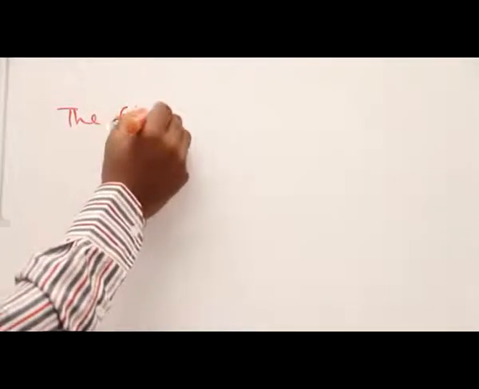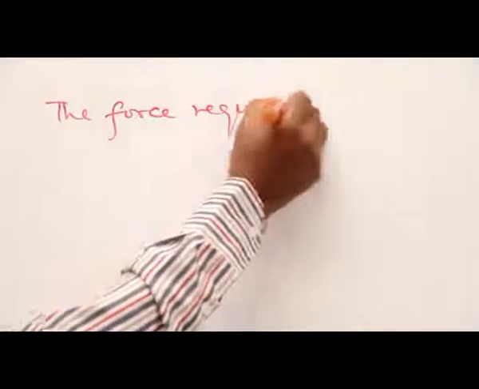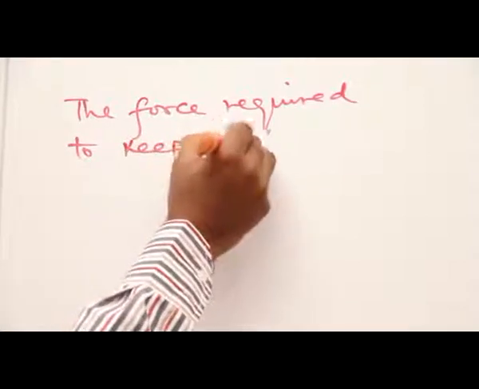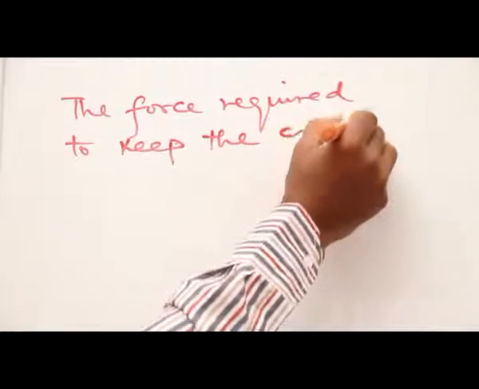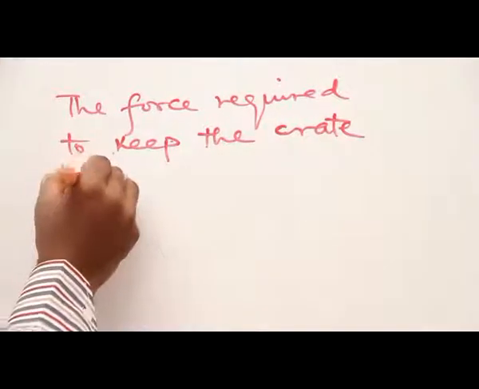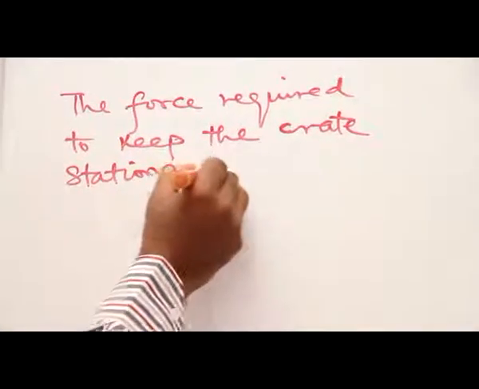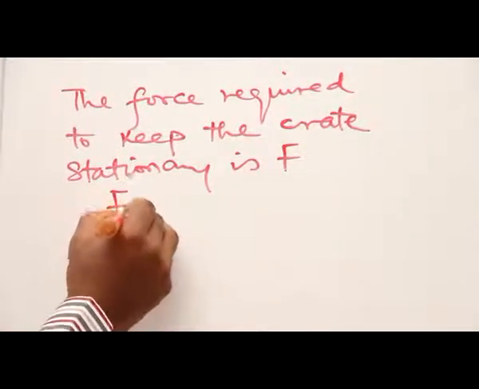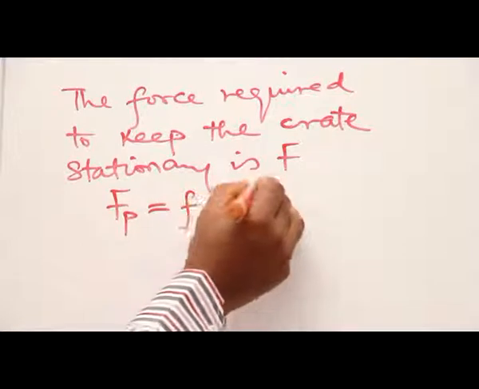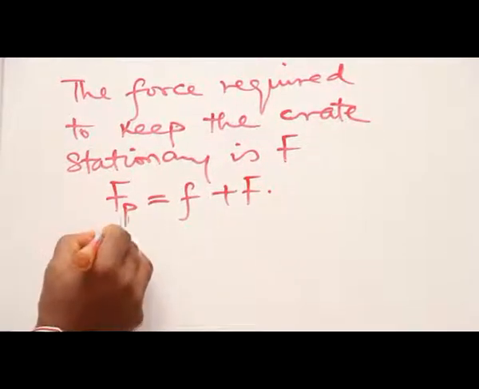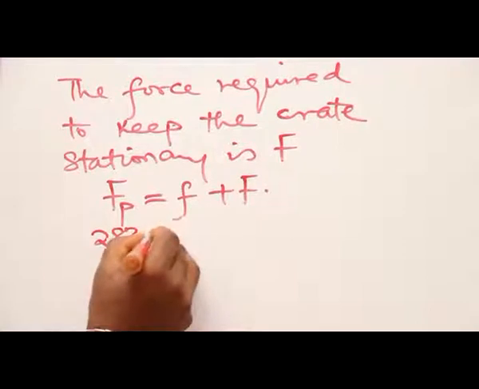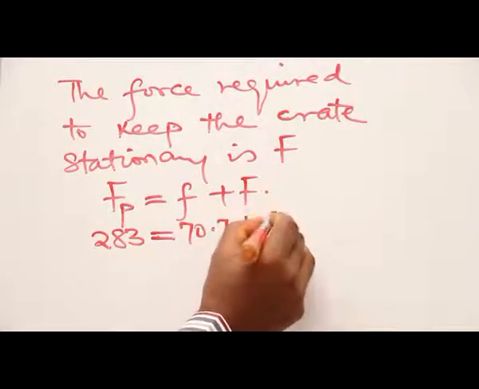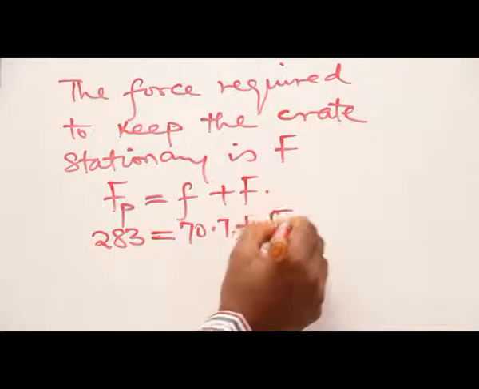The force required to keep the crate stationary is F. Fp must be equal to frictional force plus F. 283 is equal to 70.7 plus F, the required force.